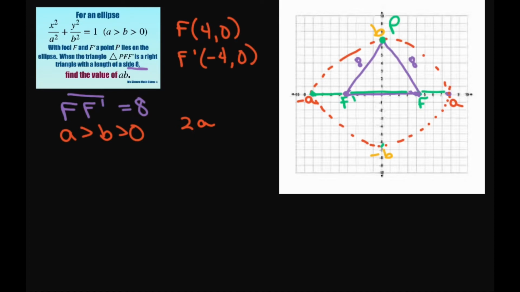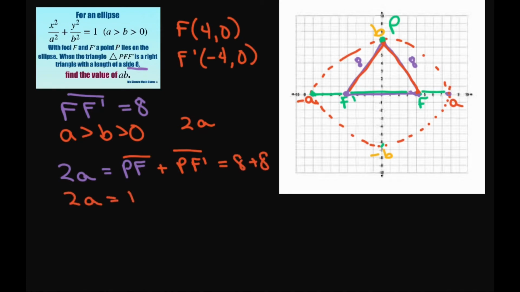We also know by triangles that 2A equals the length PF plus PF prime, these two lengths. So that's going to equal 8 plus 8. So 2A equals 16. So A equals 8. So that's all we need for that.